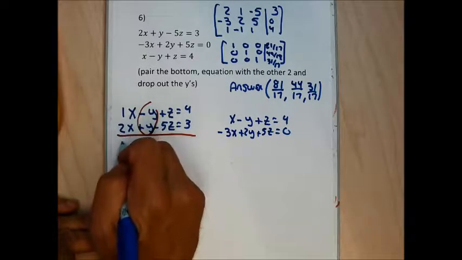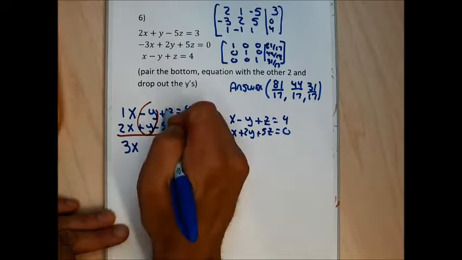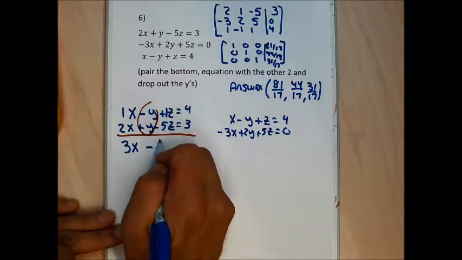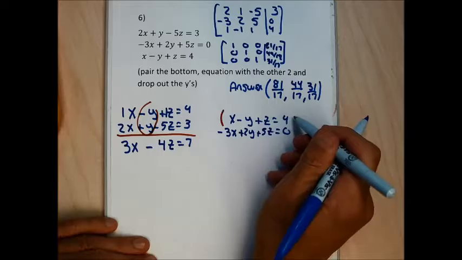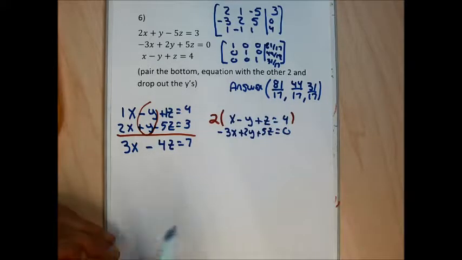So I'm just going to add them together. I'm going to add 1x plus 2x and get 3x. 1z minus 5z and get minus 4z. And 4 plus 3 and get 7. In the second pair, I'm going to multiply the top by 2 to make the top have a negative 2y to cancel with the other 2y.